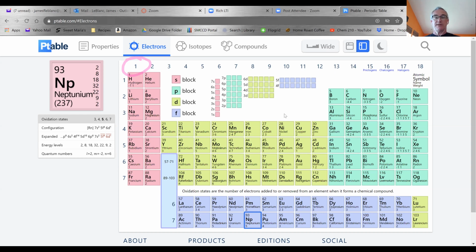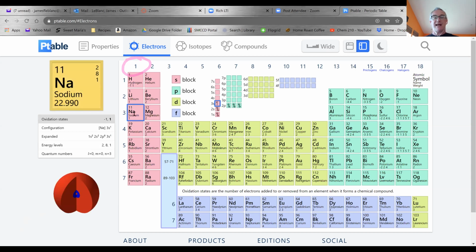We'll also notice that since we're dealing with electrons, let's just click on it. We notice that it has 1 electron in its outermost shell. What we're going to learn is that in order to achieve stability, you want to have 8 electrons in your outermost shell. The way for sodium to get 8 electrons in its outermost shell is to get rid of that 1.